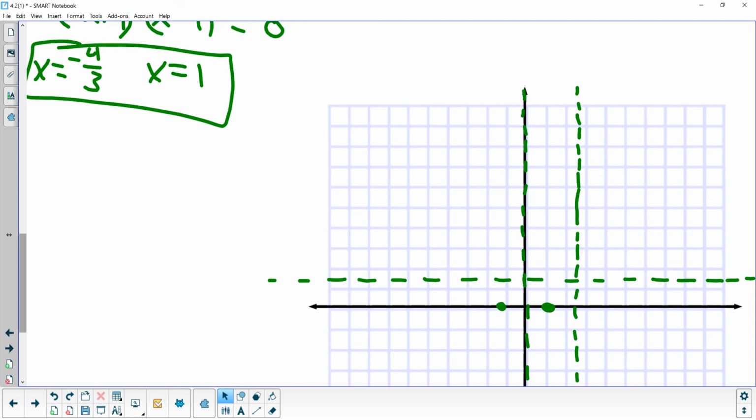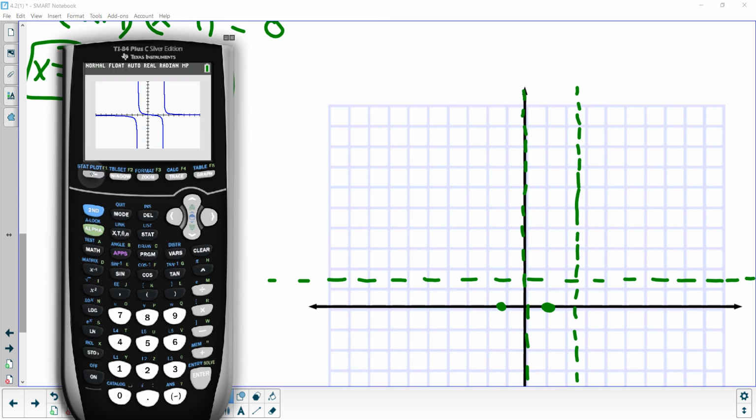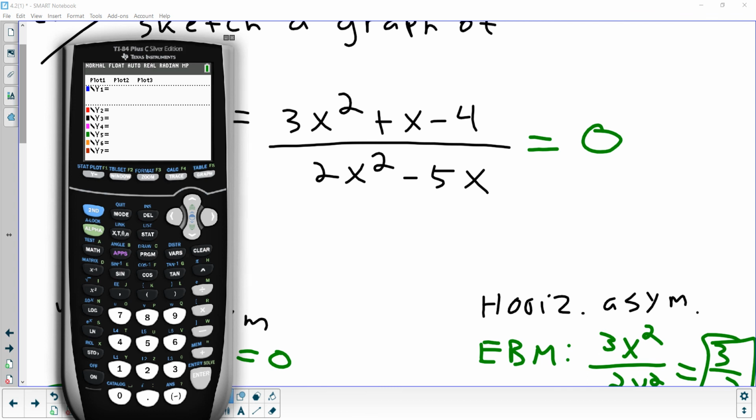The only thing left to do is pick some points near the asymptotes and see what happens. We know we're going to get really big positive or really big negative numbers. Okay, let's see what we got. So 3x squared plus x minus 4, and we're going to divide by 2x squared minus 5x.